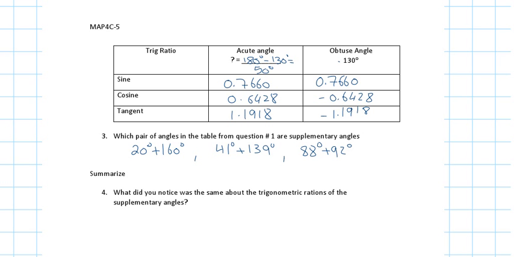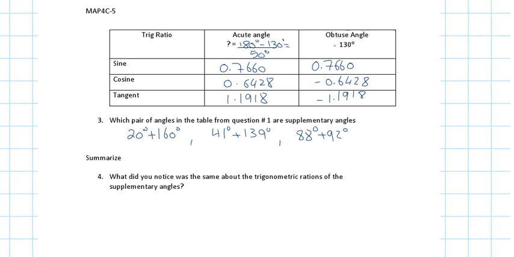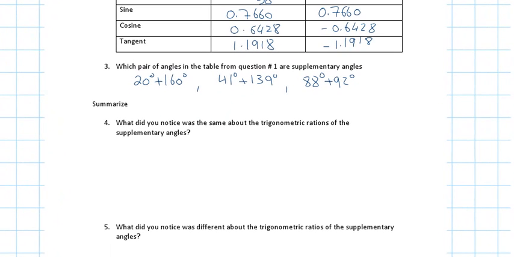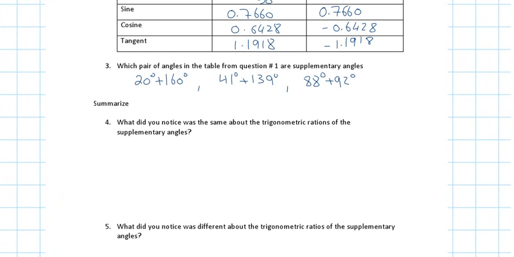So, what did you notice was the same about the trigonometric ratios of the supplementary angles? They have the same values? Okay. But what's the same? So we're going to talk about what's the same.